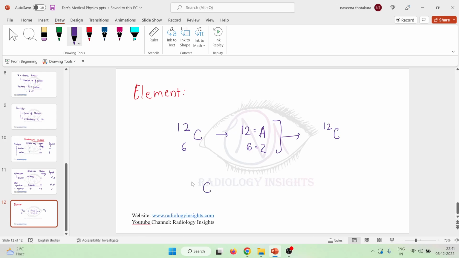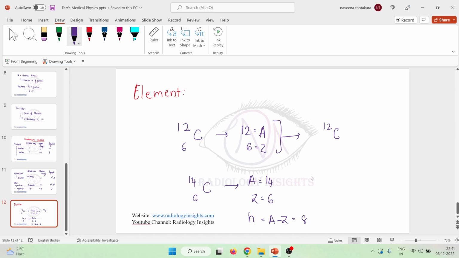On the other hand, there can be C14 with 6. This means the atomic mass is 14 and the atomic number is 6. Then the number of neutrons is equal to A minus Z, that means 8 neutrons.